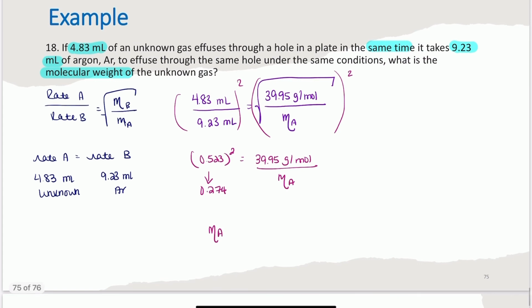So rearrange molar mass of A, 39.95 grams per mole over 0.274. My molar mass of A here is found to be 146 grams per mole.